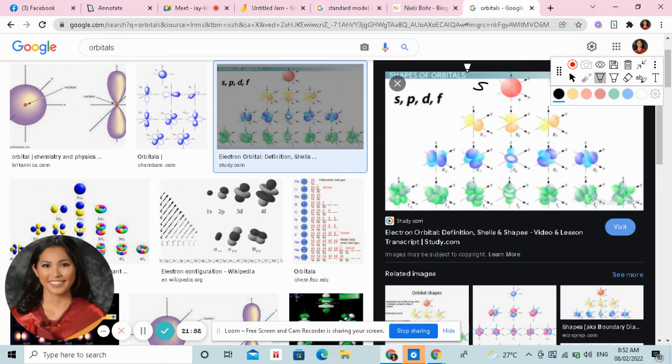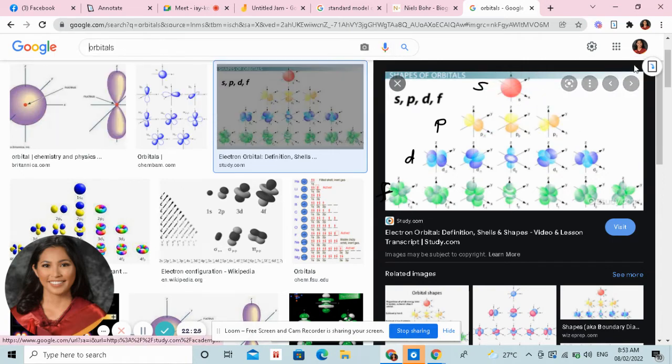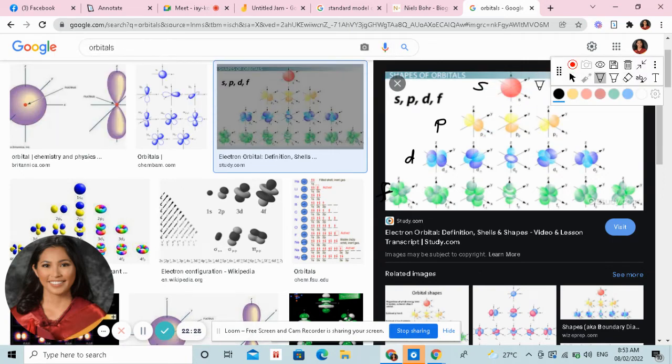How many orbitals are in the S subshell? We have S, P, D, and then F. It is only one, which is the S orbital. What about the P subshell?